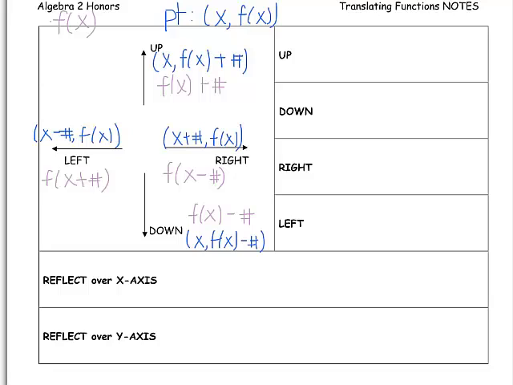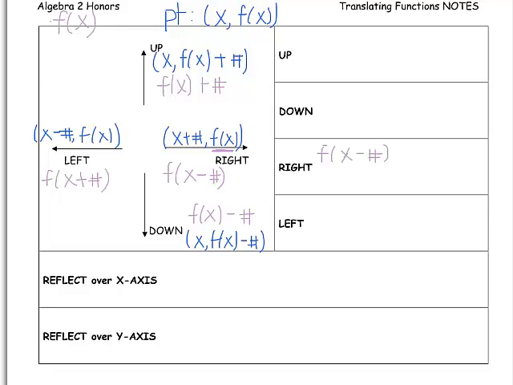And the answer to that question is that, think about it, you don't want the y value of that point to change. So what's happening here is that if I want to take this translation here, here's f of x minus my translation.